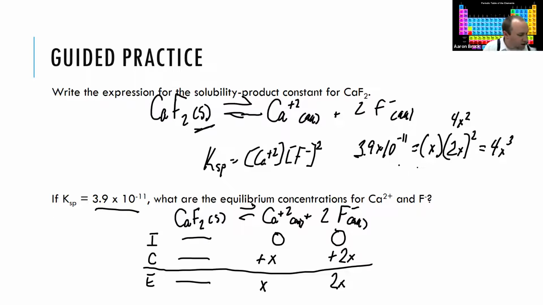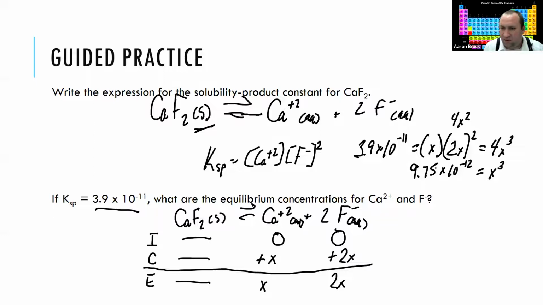And so if I do a little bit of manipulation, pulling out my calculator here, 3.9 times 10 to the negative 11th divided by 4 would give me 9.75 times 10 to the negative 12th is equal to X cubed.